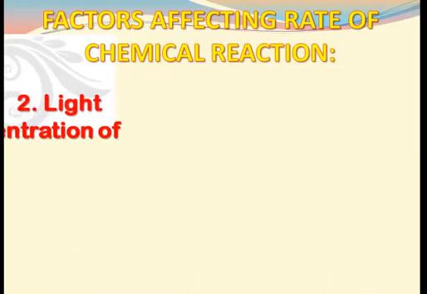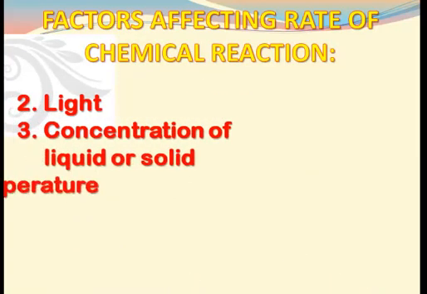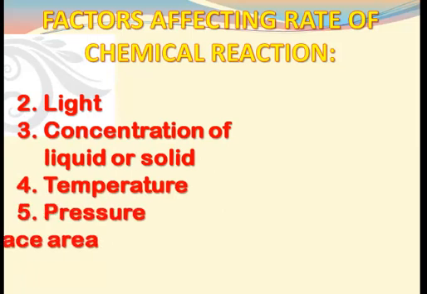We have other factors apart from the nature of the reactant, like light, concentration of liquid or solid, temperature, pressure, and surface area. If you count, this is going to give us 5, and we have 7. I've mentioned 1 before.